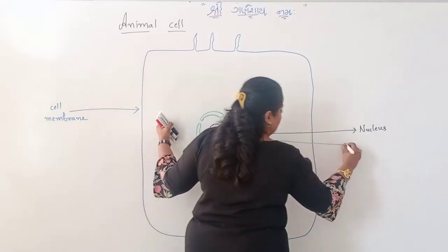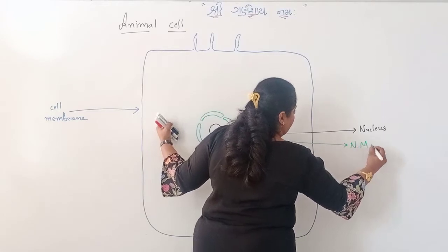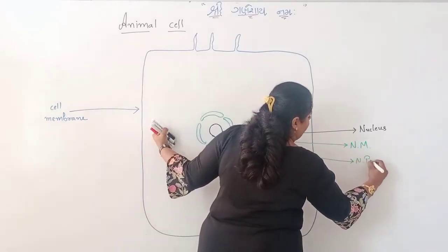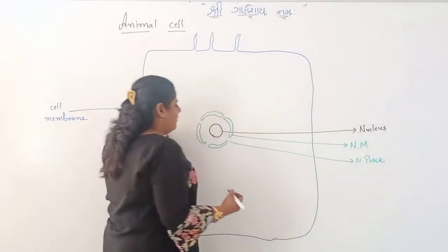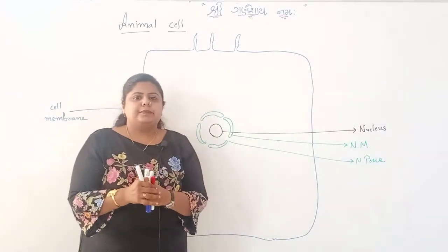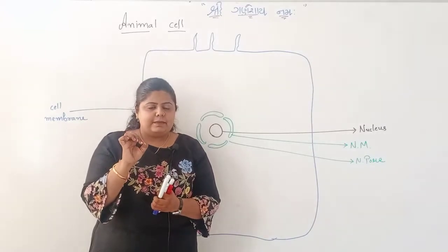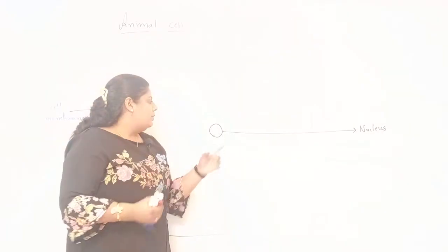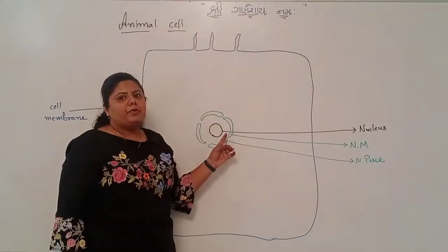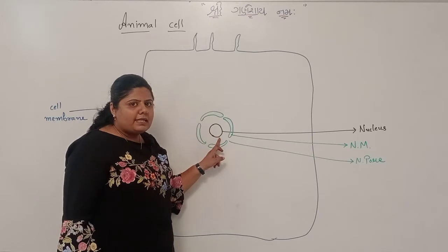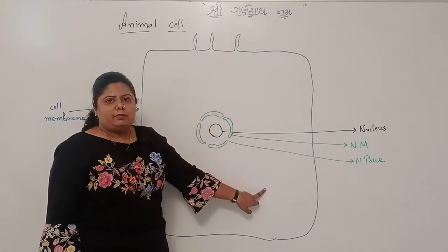This is the nuclear membrane and this is the nuclear pore. Why is there a requirement of pore? Because the pore provides passages, so mRNA and protein can transfer from nucleoplasm to cytoplasm.